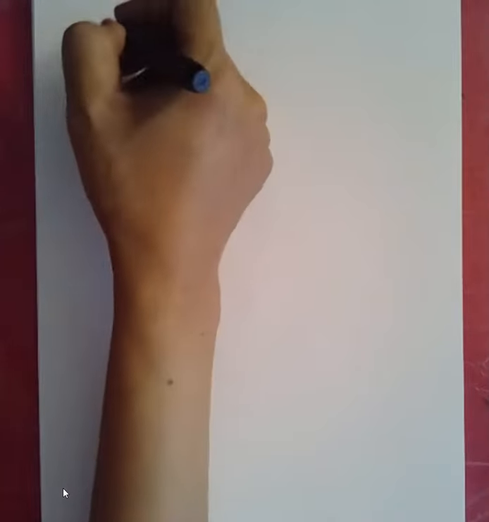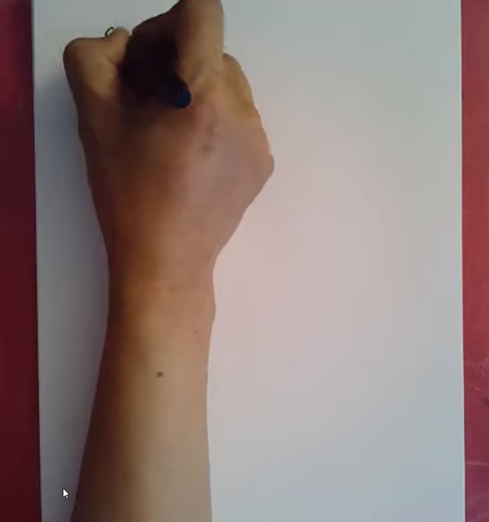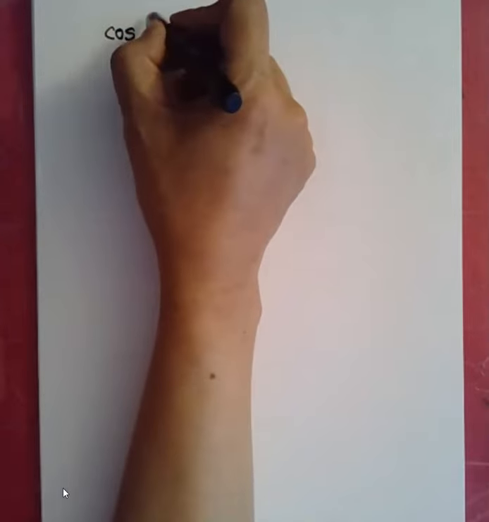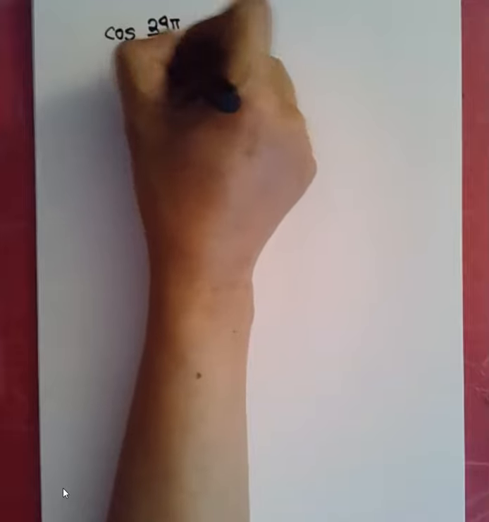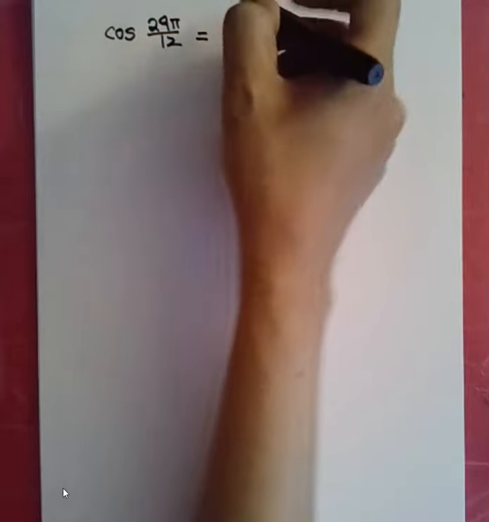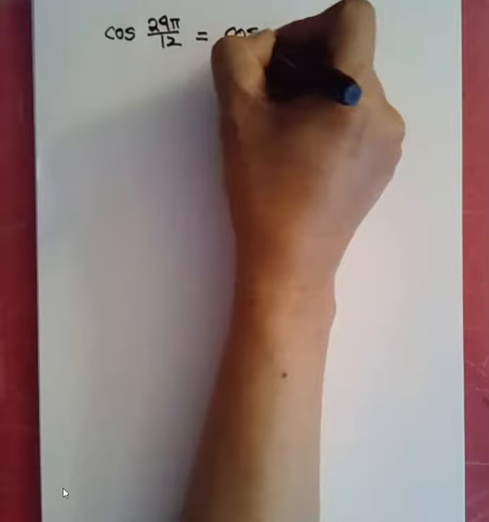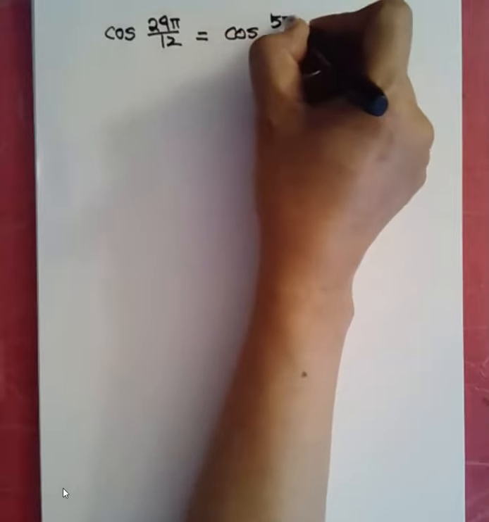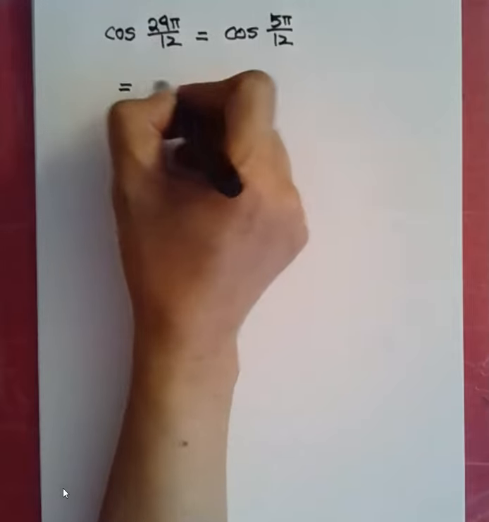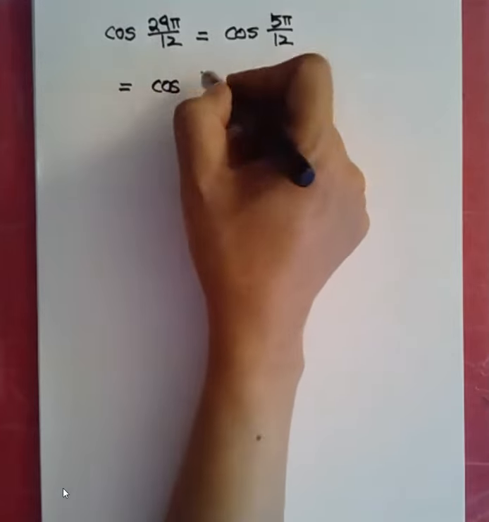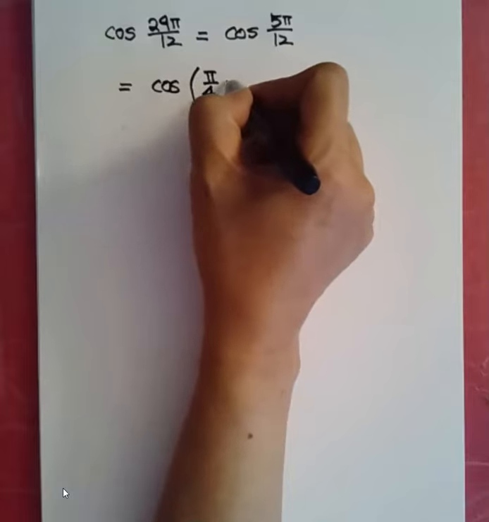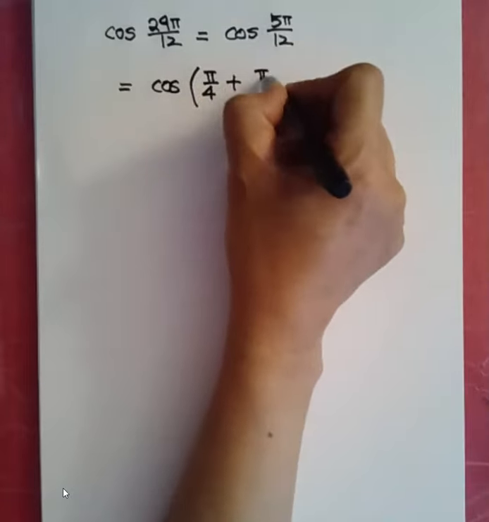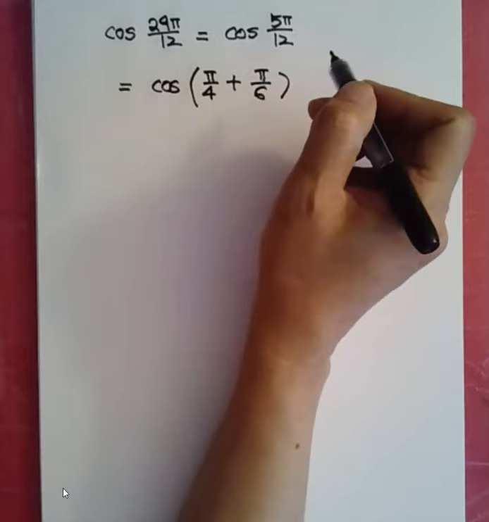Let me write the problem again. Cosine of 29 pi over 12 has the same value as cosine of 5 pi over 12 because those are coterminal angles. And then we express that with the sum of two angles, which are pi over 4 and pi over 6.